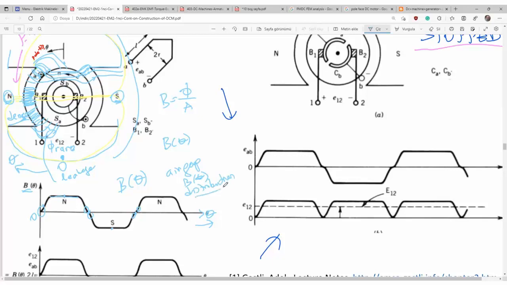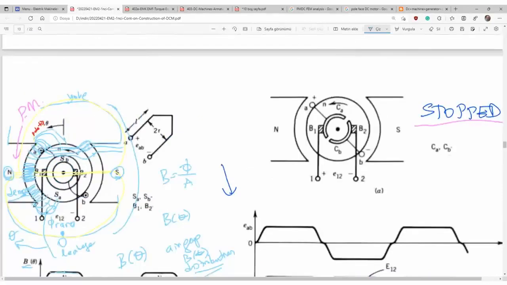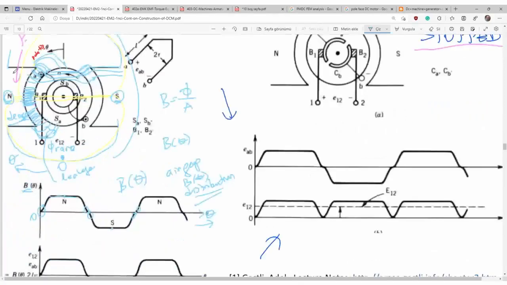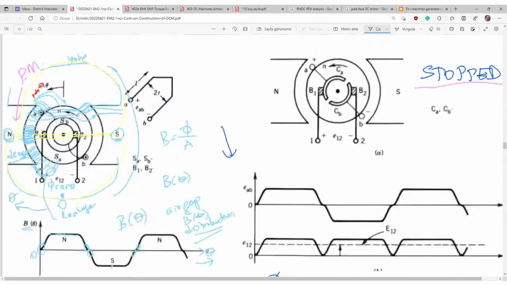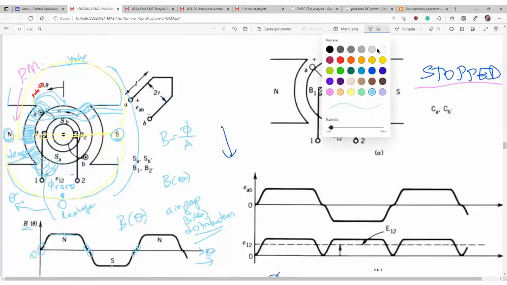Okay. Now, ladies and gentlemen, I have just walked around the rotor as Mustafa. Mustafa started here, came to the midpoint of N, and then came to here, which is the pole axis. Let me write it down.